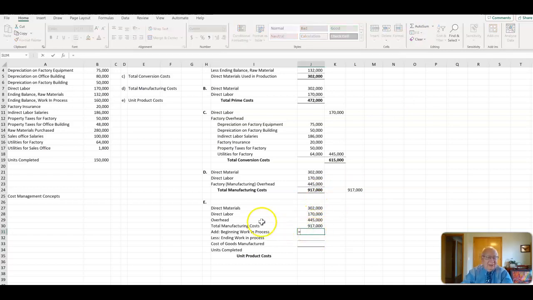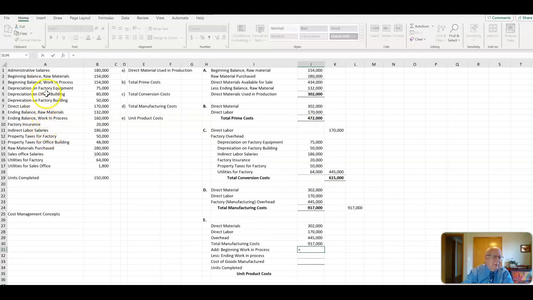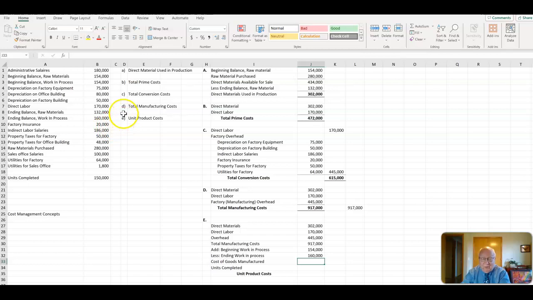And then we add the beginning work in process. The beginning work in process is 154. Subtract off ending work in process, which is 160. Now, some will say, what is the work in process? Okay, then what we'll do is we'll come with 917 plus the 154 minus the 160. It gives us 911,000. Okay, that's our cost of goods manufactured.